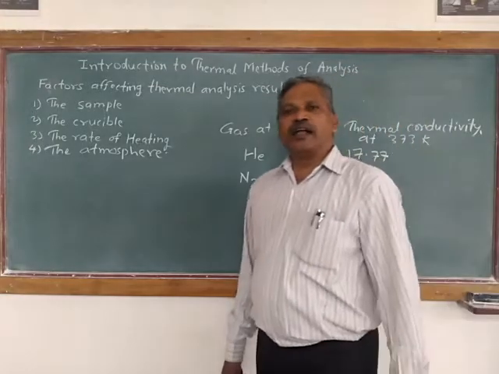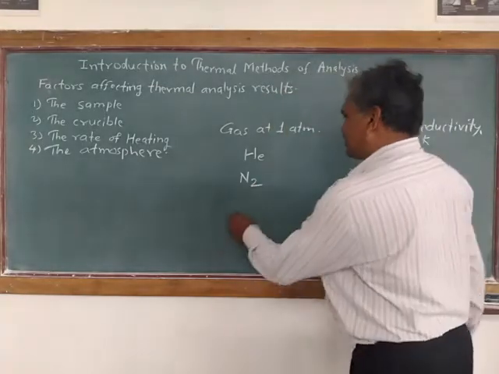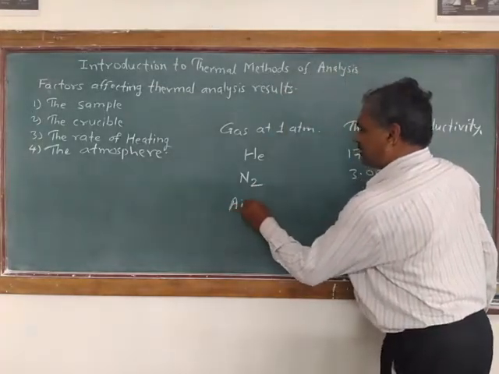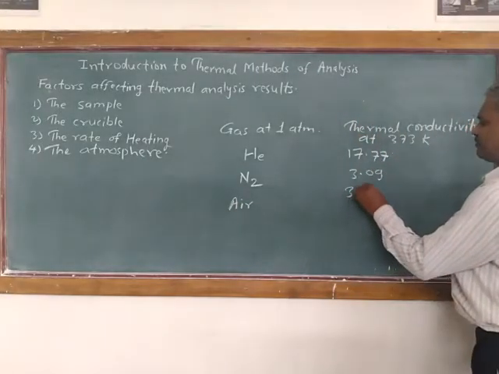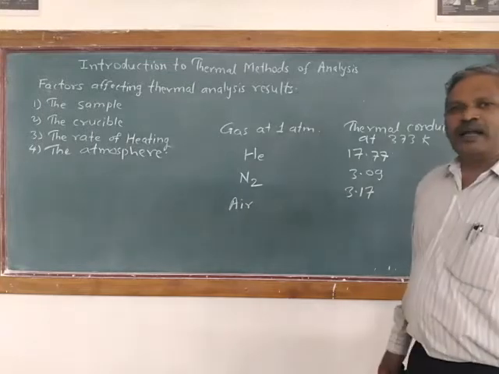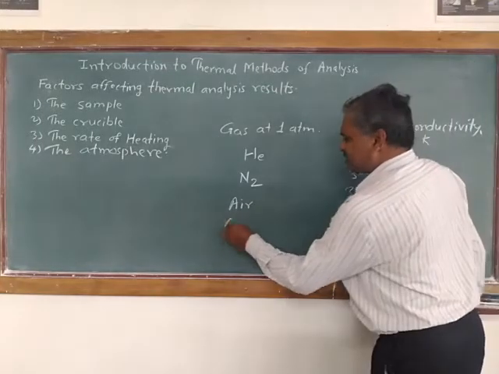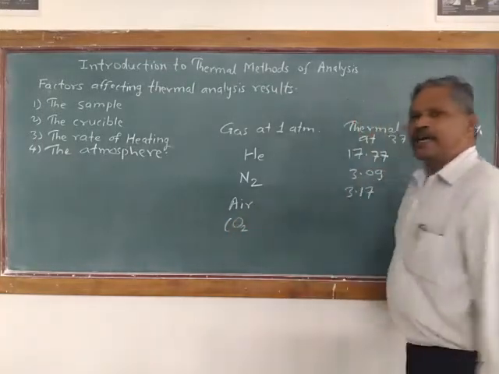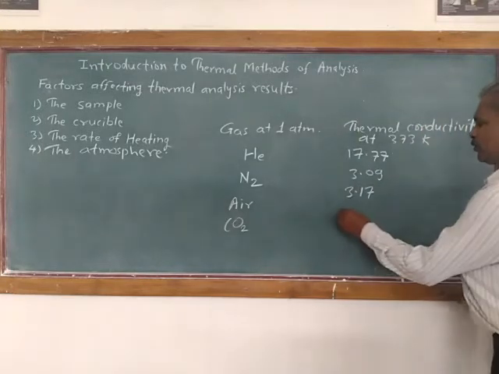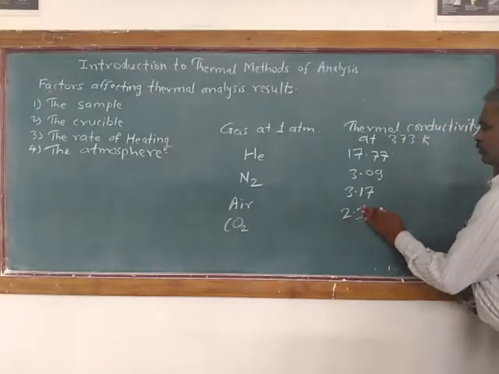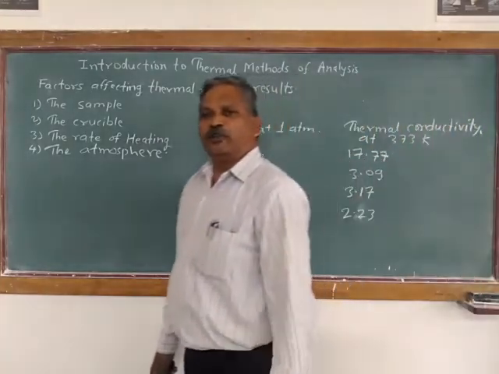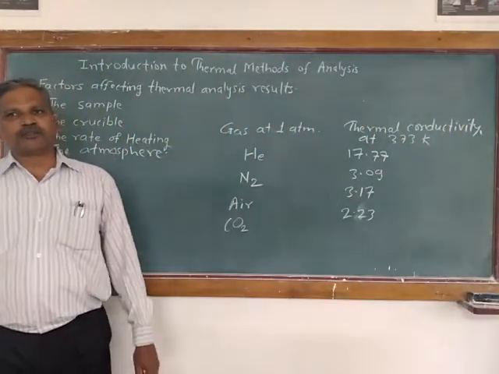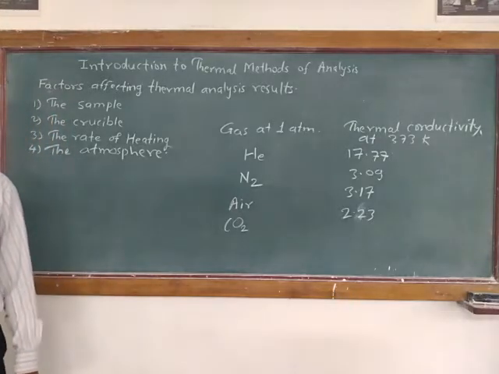The third atmosphere is air, and it has a thermal conductivity of 3.17, and the fourth one is CO2, and it has a thermal conductivity of 2.23 into 10 raised to minus 2 joules per second meter Kelvin.